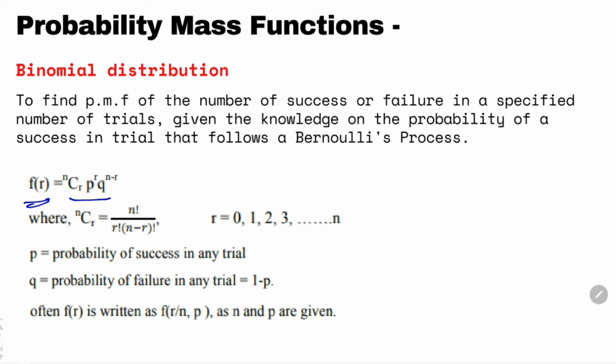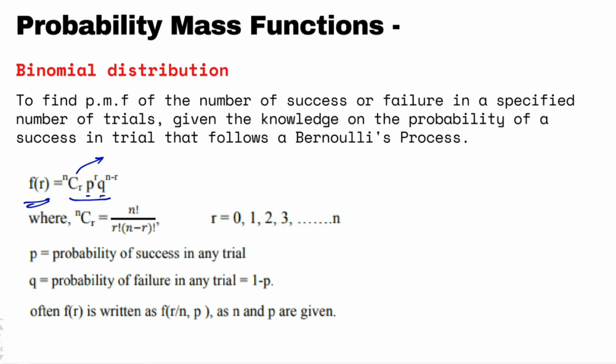Here nCr means the combination, all the possible combinations of n trials and r successes. p raised to r is the probability of success in a trial, and q raised to n minus r, where q is the probability of failure in any trial, is 1 minus p actually.